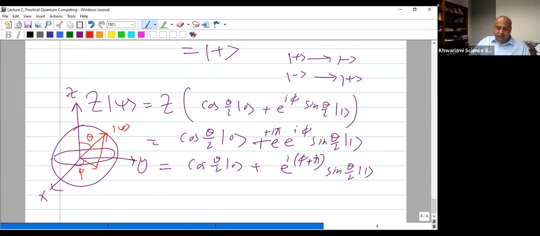It means that this state goes to this side such that its projection now has an angle phi plus pi, but theta remains the same. So this is a gate which rotates a state around the z-axis. So this Z gate rotates the state around the z-axis by angle pi.